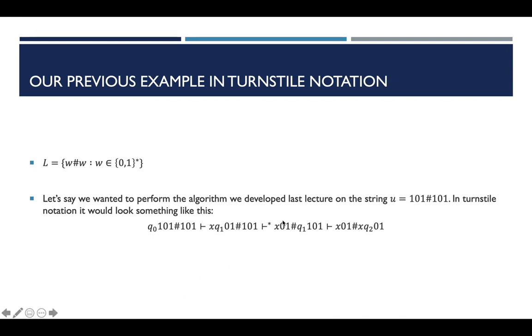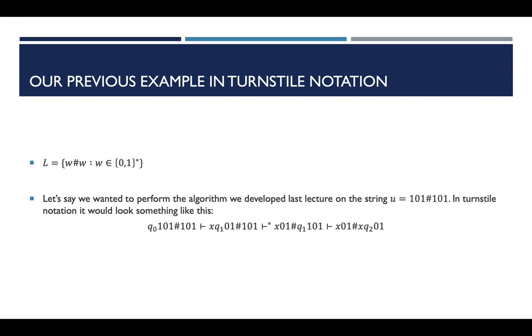Just to briefly recap the idea of what the algorithm is doing: we start at the very leftmost character, and we use an internal state to remember what that character was. We seek to the right until we see the hash sign, and then we check the symbol to the right of it. Because we have encoded what we previously saw as a state, we can use another transition to understand if this character matches the first character, and if it does, we can continue the computation.